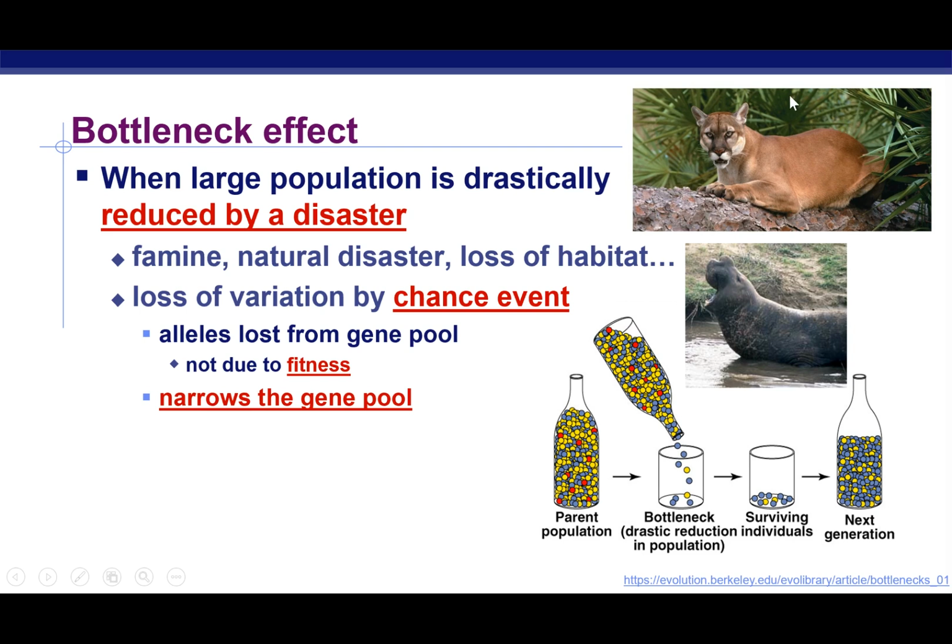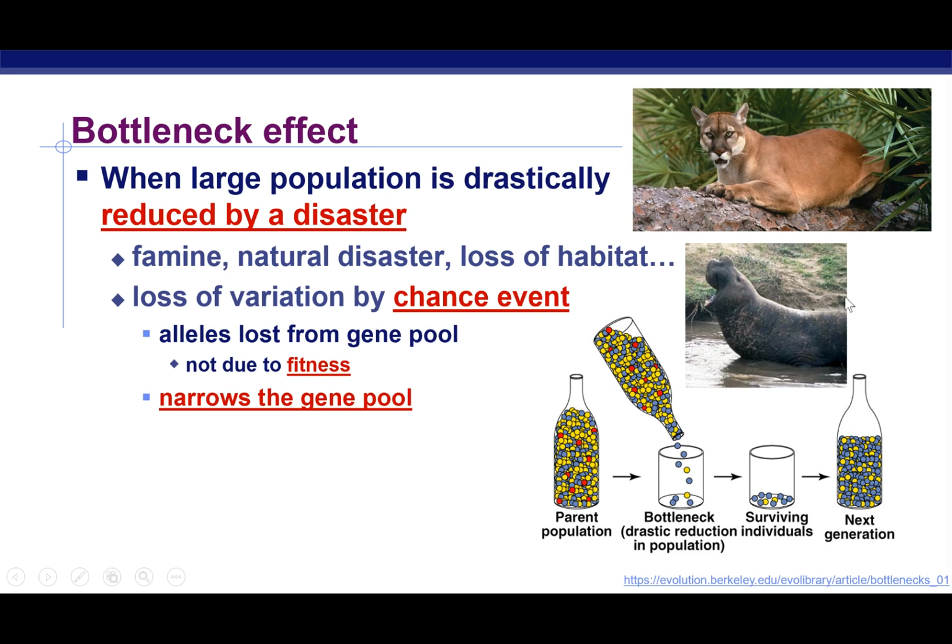And the reason this is a bottleneck effect example is that when hunters are lying in wait to kill these organisms, they're not sitting there going, I wonder if that panther has all the homozygous dominant alleles inside of it. I better shoot it, right? No, they're just randomly killing these organisms if they happen to be in the wrong place at the wrong time. So that's greatly reducing the genetic variety of the Florida panther and thus putting them close to extinction. But you can read more about that too.